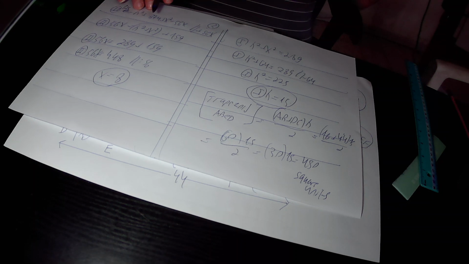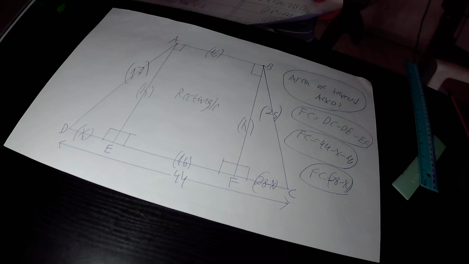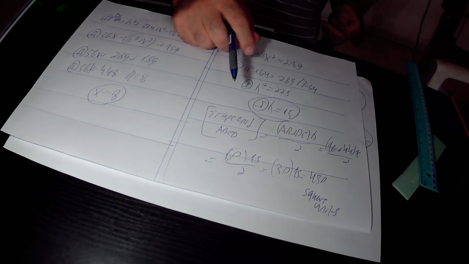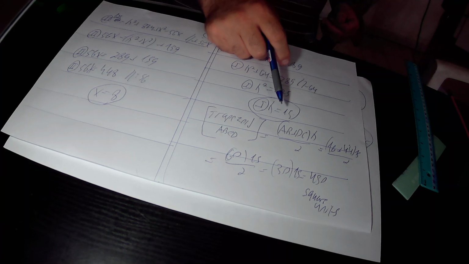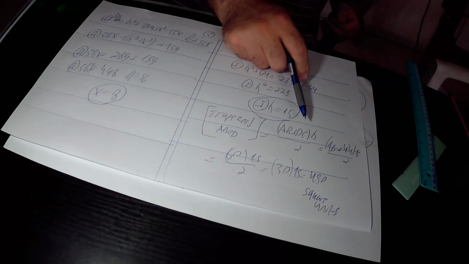Our mission is to find the area of this trapezoid ABCD. I already explained to you that the area of trapezoid ABCD is equal to the sum of its two parallel bases, that is AB plus DC, times the height h, over 2.